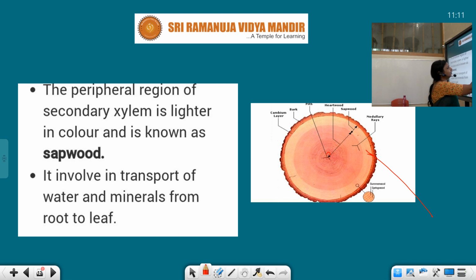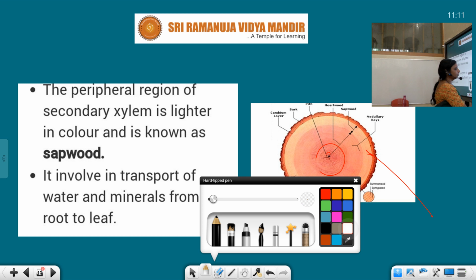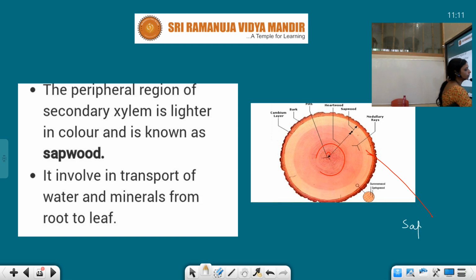So this is sapwood, and the darker color is heartwood. The peripheral region of the secondary xylem is lighter in color, and it is known as sapwood, peripherally present.